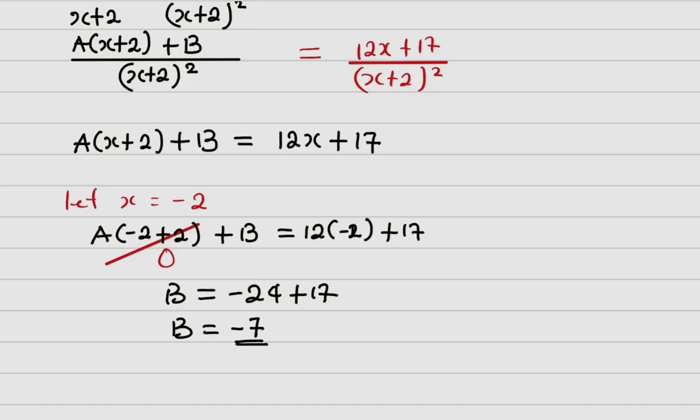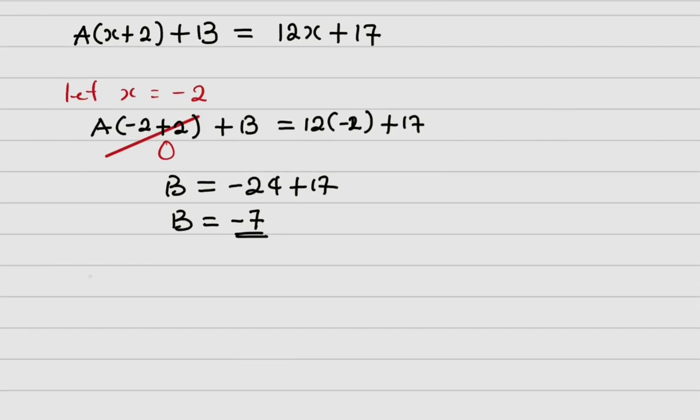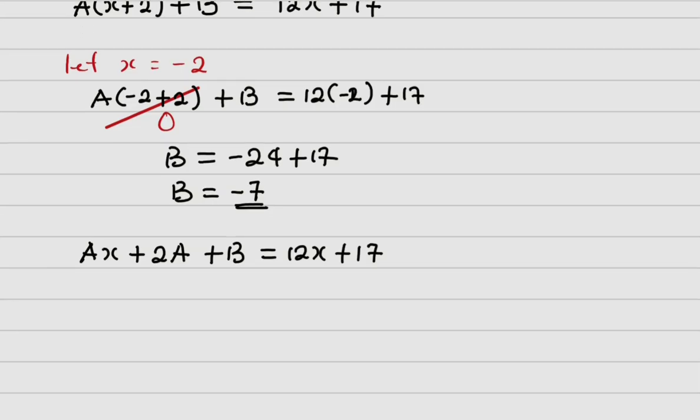I'm done with this. To get a, I'm going to use the comparing coefficient method. That is to say, I'm going to expand, so that I'll have ax plus 2a, then plus b, equals 12x plus 17. Remember, comparing coefficients, you see a will be equal to 12 because the coefficient of x here is a and the coefficient of x here is 12.